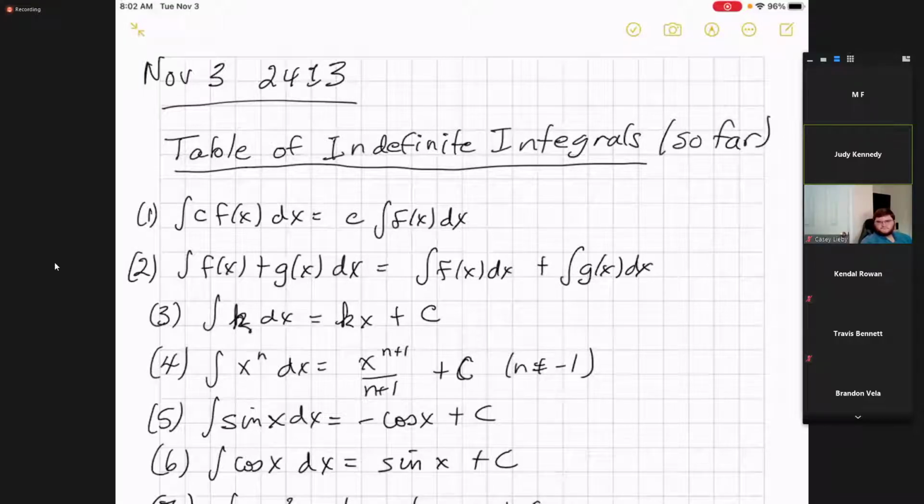Okay, so our main list of indefinite integrals that we have so far, we're going to be adding to this list through the rest of this semester and for the first third of next semester.